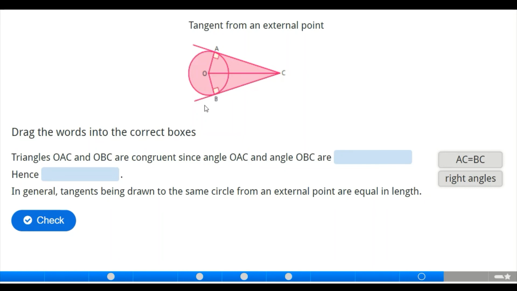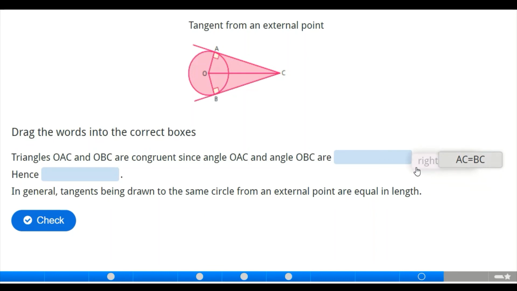Remember, we made mention of the properties of congruent right angle triangles on the other side. So they are congruent since angle OAC and angle OBC are right angles. Hence, we can now say that AC is equal to BC. The corresponding sides are the same, that is, side BC is the same as side AC.